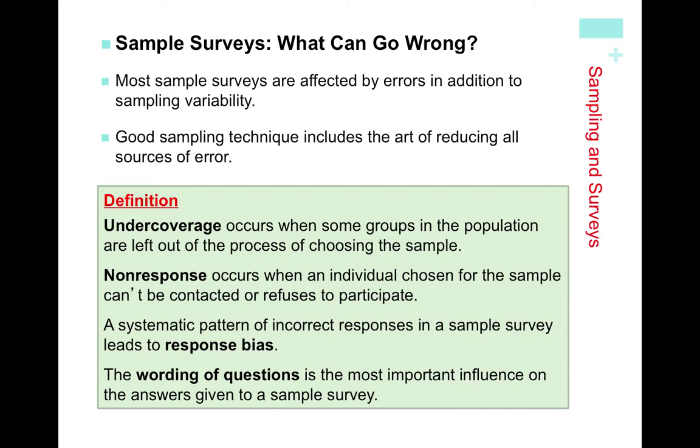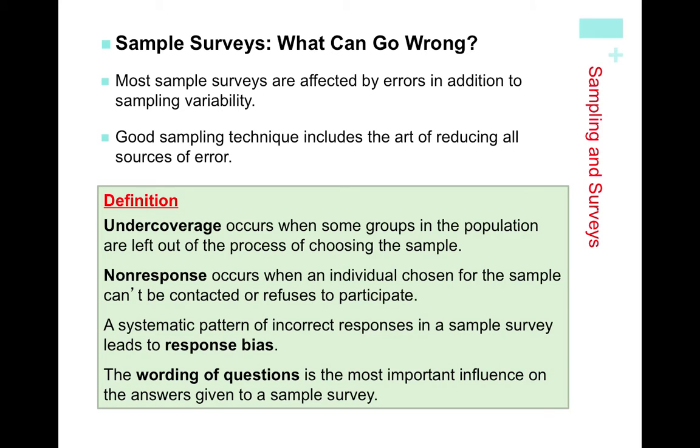Okay, so let's say that an opinion poll asked, should illegal immigrants be prosecuted or deported for being in the U.S. illegally, or shouldn't they? Okay, so after the poll, 69% favored deportation.